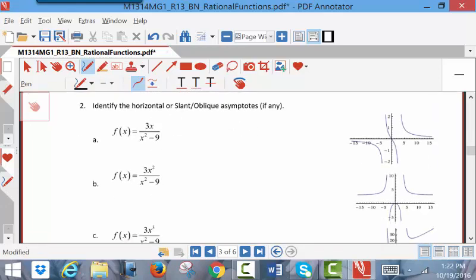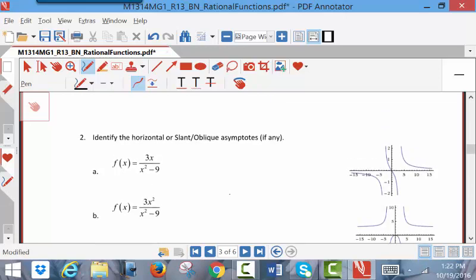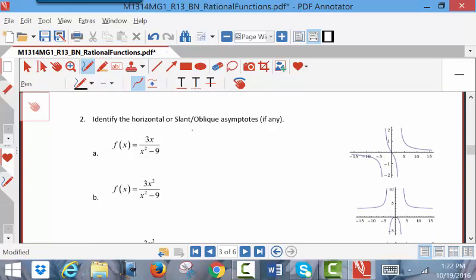All right, so let's see what's next. Identify the asymptotes. They don't even have vertical on here, but we should. So I'm going to put vertical on here because I like vertical asymptotes best. With this equation, what values will make my denominator equal 0? 3 and negative 3, right?